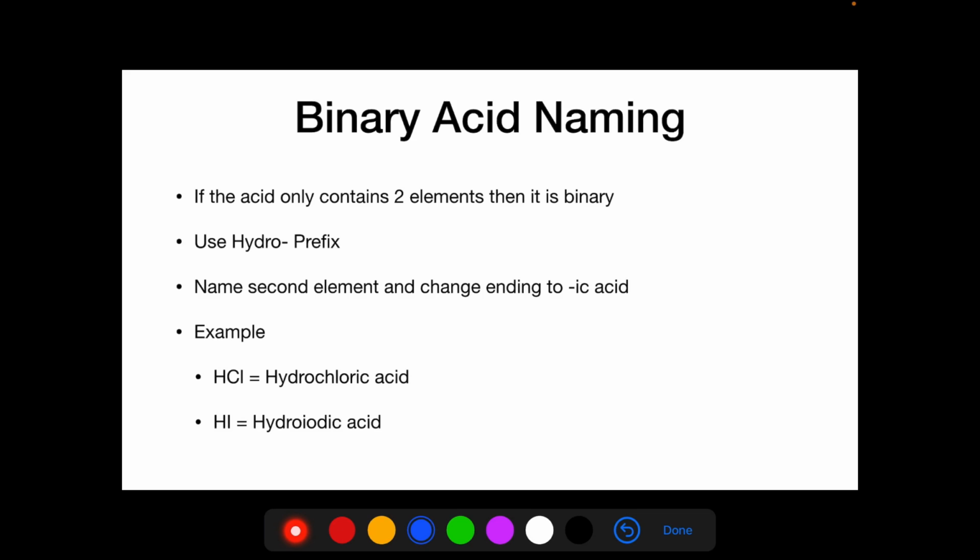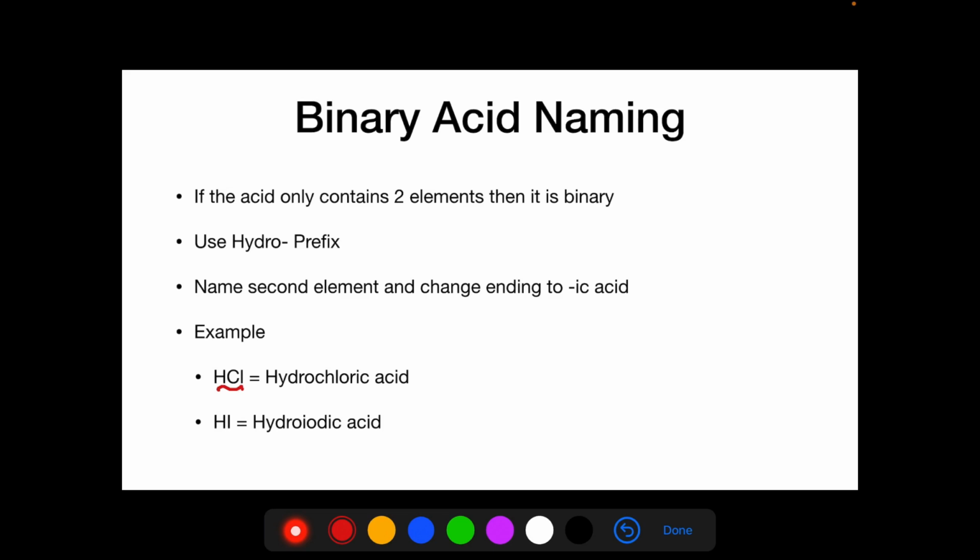So, binary acids. A binary acid contains two elements. We use the prefix hydro to indicate that there's hydrogen in there, and then we name the second element and change the ending to IC, acid. For example, HCl has two elements, H and Cl.